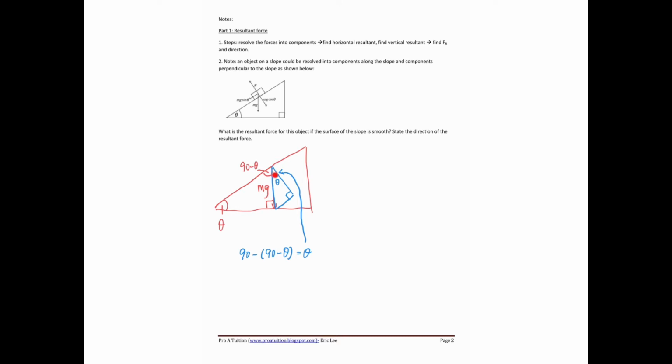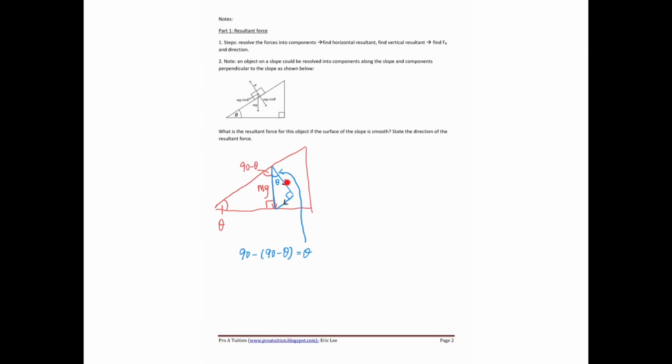Knowing this is theta is very important, because once you know this is theta, we can do resolution, which means we can do mg cos theta and mg sin theta. So how do we do it? Let's say now I use black color. The components are where one is perpendicular to the inclined plane, and the other one is parallel to the inclined plane. We start off with the one that is perpendicular to the inclined plane. This is the inclined plane.